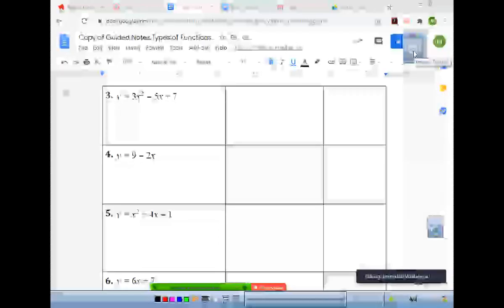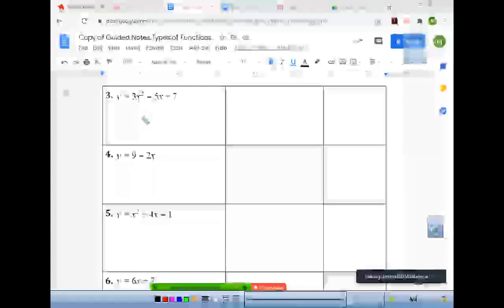All right, what about number 3? What is number 3? Linear, quadratic, or exponential? Quadratic. How'd you know? What about it makes it quadratic? There's one little key thing. Okay.